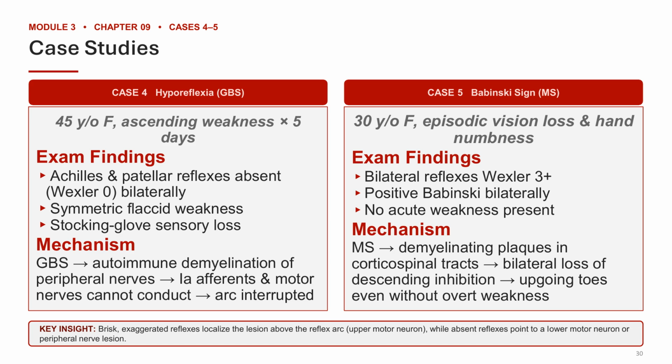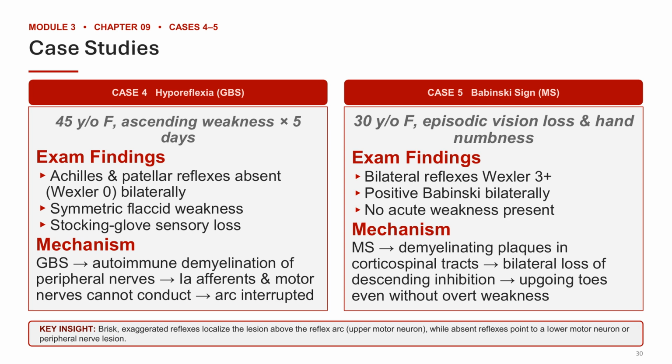Case 5. A 30-year-old woman with episodic vision loss and hand numbness. Reflexes are brisk bilaterally with a positive Babinski bilaterally and no acute weakness at all. The mechanism is multiple sclerosis with demyelinating plaques in both corticospinal tracts producing bilateral loss of descending inhibition.